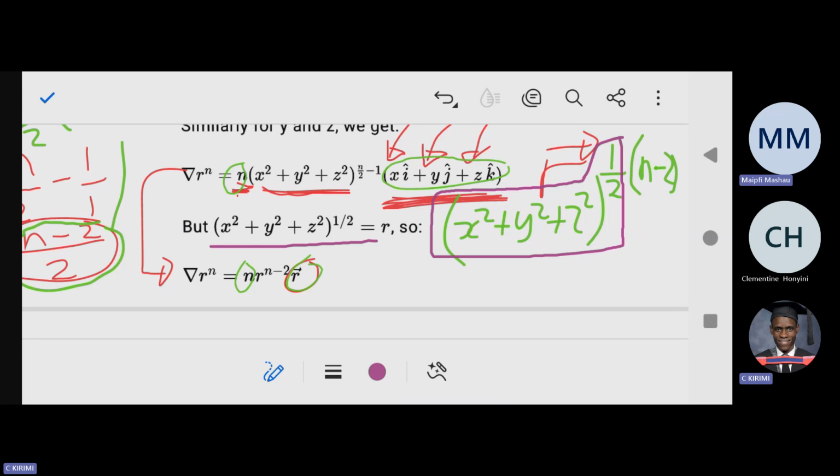Instead of what I've put in purple, I can replace it with one variable. What can I replace it with? R. So instead of writing everything, I just put R.